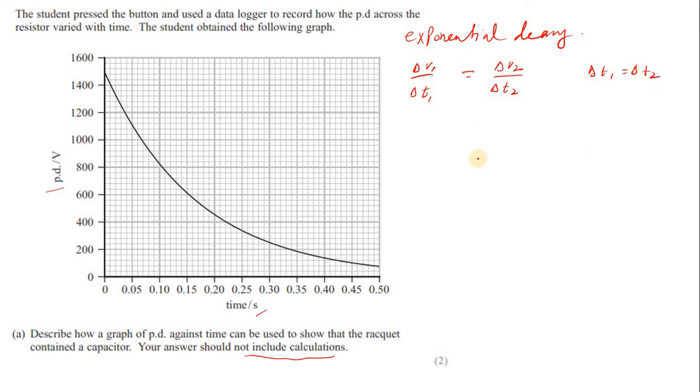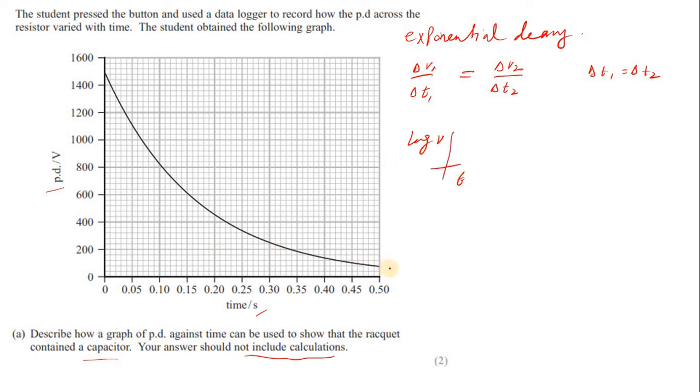So this change must be the same. That's how we define exponential decay. So this is one method: a student can find the rate of change of voltage in two equal intervals of time and compare the values. If the values are the same, it is really a discharging curve of a capacitor. Or there is another way: you can plot a graph of log of V against time.